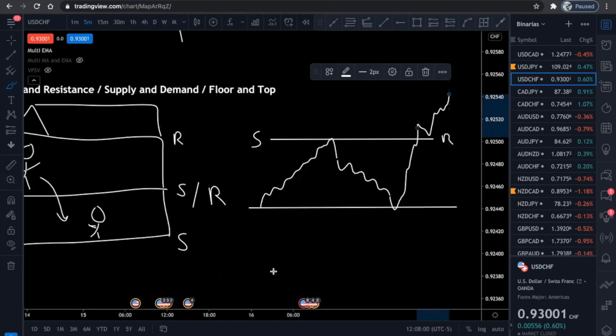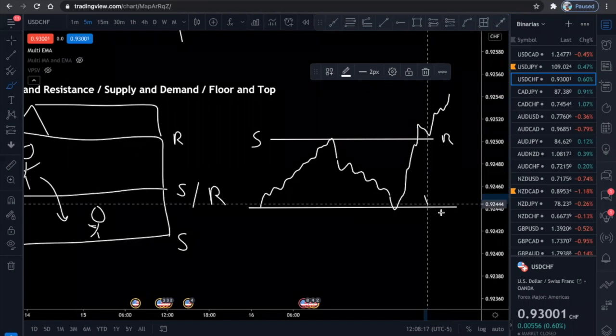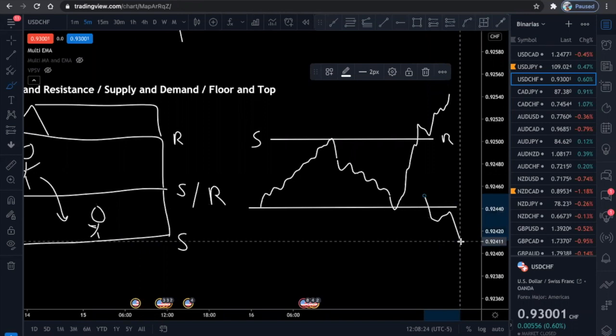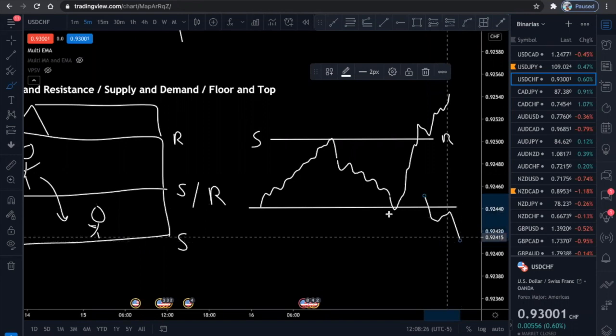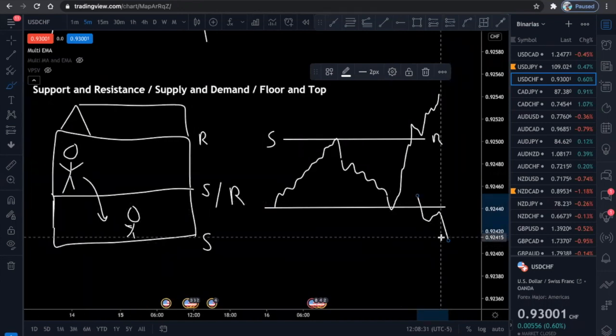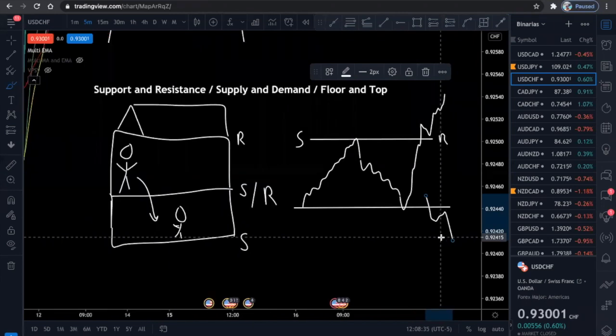So you want to see price reject your previous resistance, or you want price to break the resistance and then use it as a support. Same here. You can break your support and then look for a resistance, touch, and sell. So you want either a rejection, or a breakout, retest, and then shift. This is what we are aiming at with support and resistance.